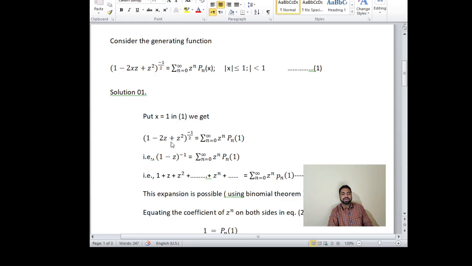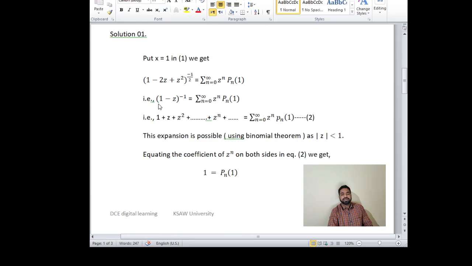So this is the expansion of a minus b whole square. Square with minus half get cancelled. So the result is 1 minus z raised to minus 1, which is equal to sigma n runs from 0 to infinity z raised to n Pn of 1.